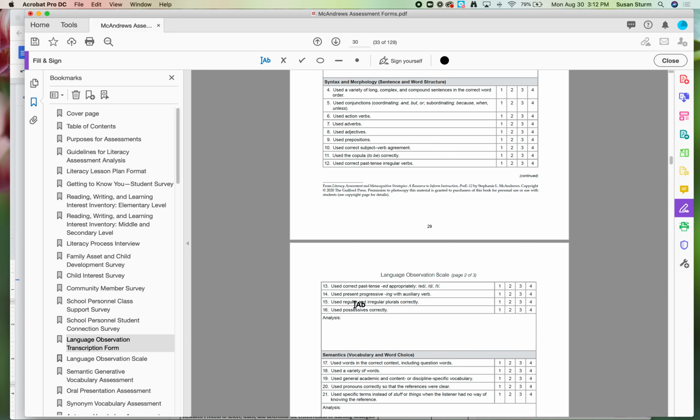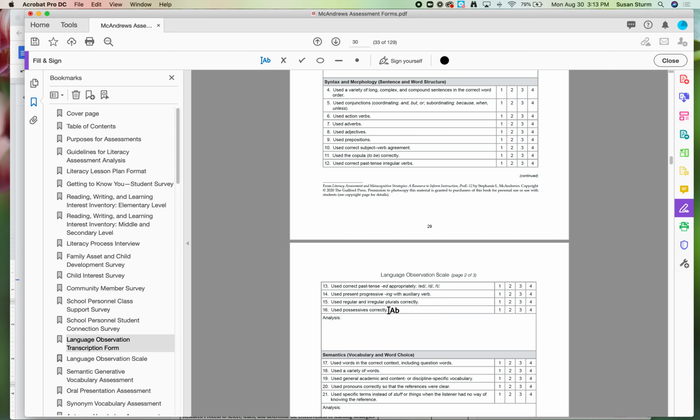And there's more: past tense using ED. This is another area. If you're working with a student who speaks African American vernacular English, they may have a slightly different use of the past tense. Present progressive using ing, so like going swimming or something that uses that ing with another verb.